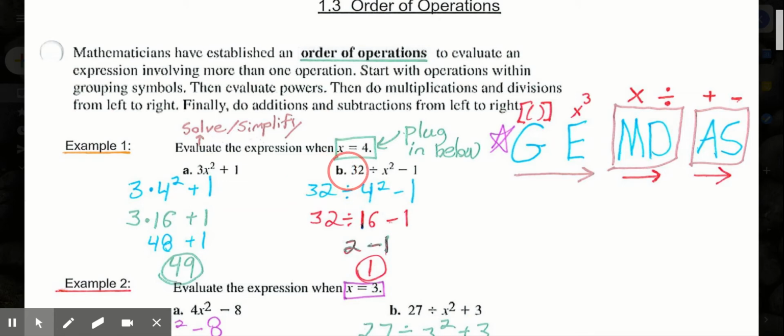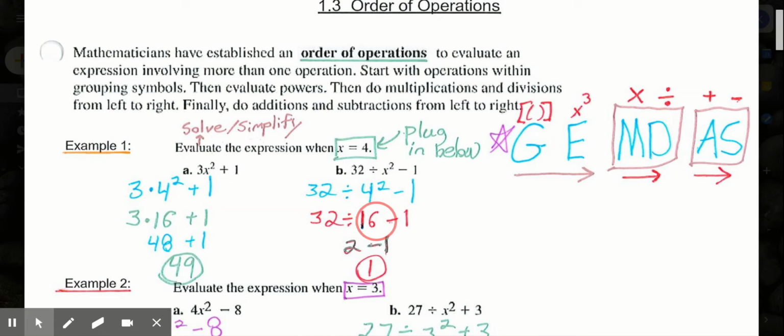In B, we have 32 divided by x squared minus 1. So we're going to put a 4 in for x, so it becomes 32 divided by 4 squared minus 1. No grouping symbols, so I start with the exponent. 4 squared is 16.